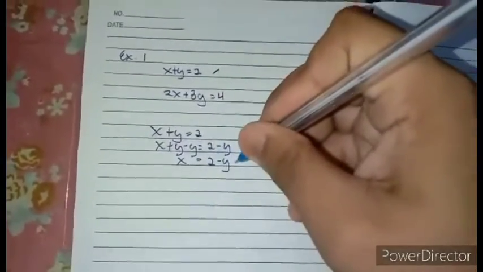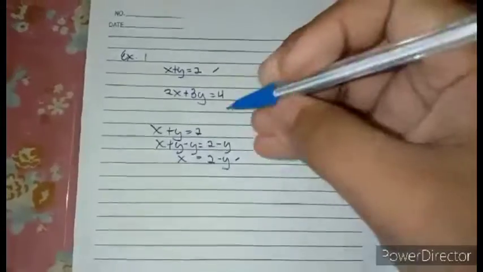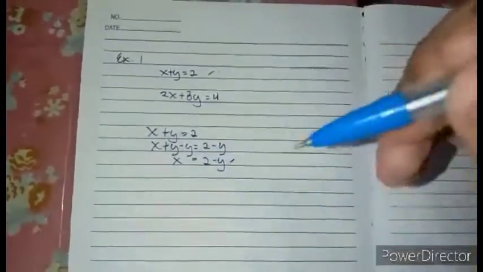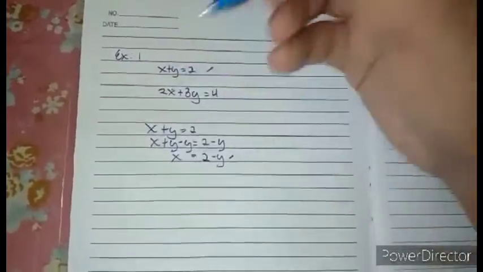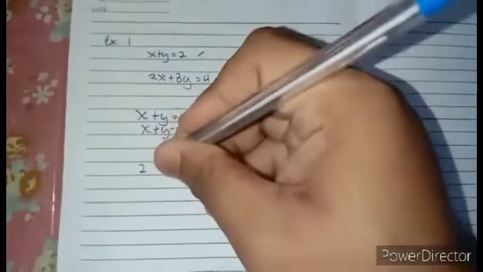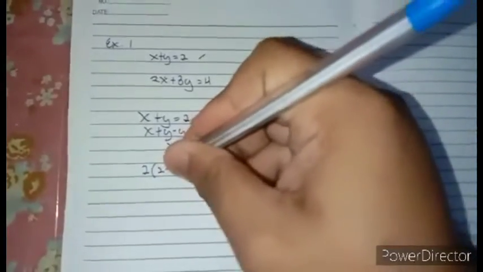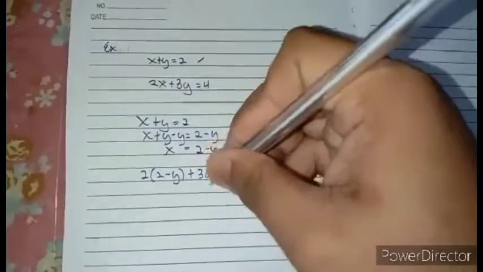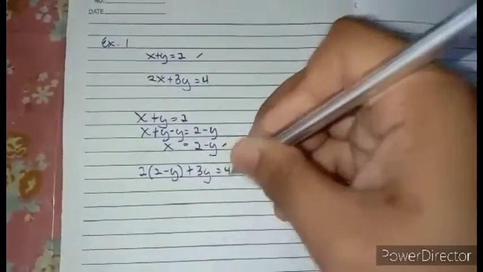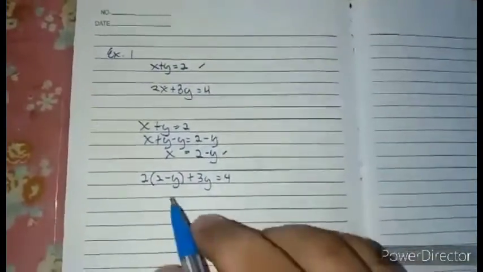So using the value of x, by substituting it to the value of x in the second equation, 2 times the value of x, 2 minus y, plus 3y equals 4.